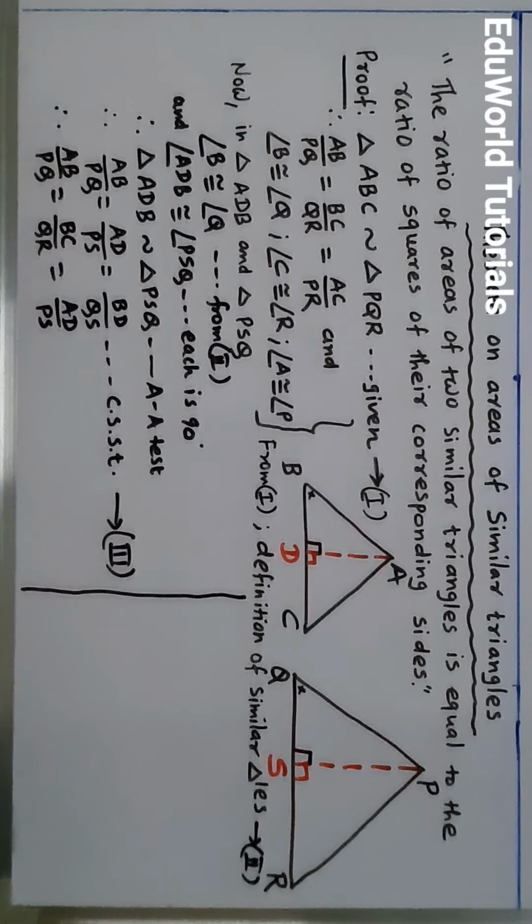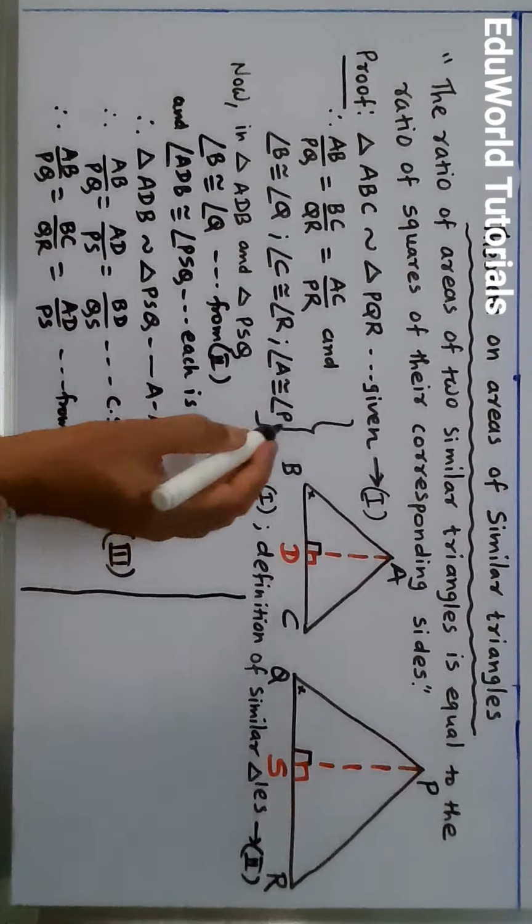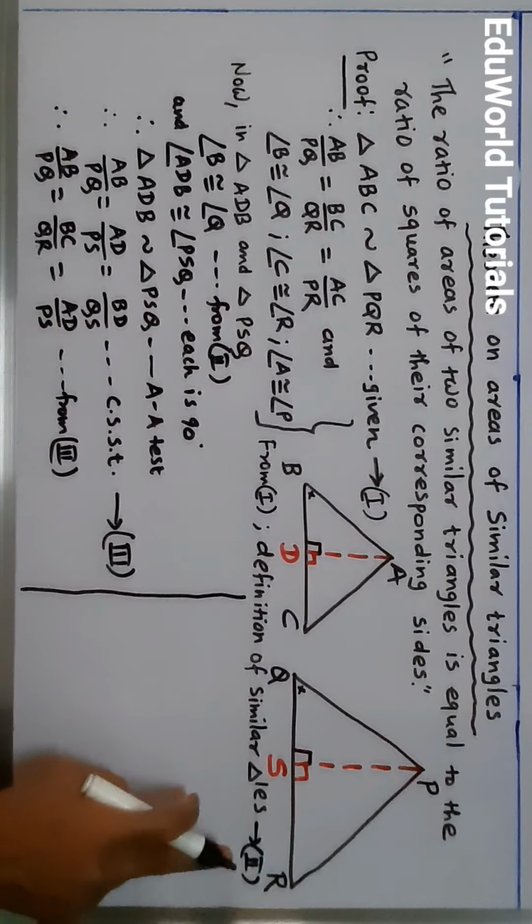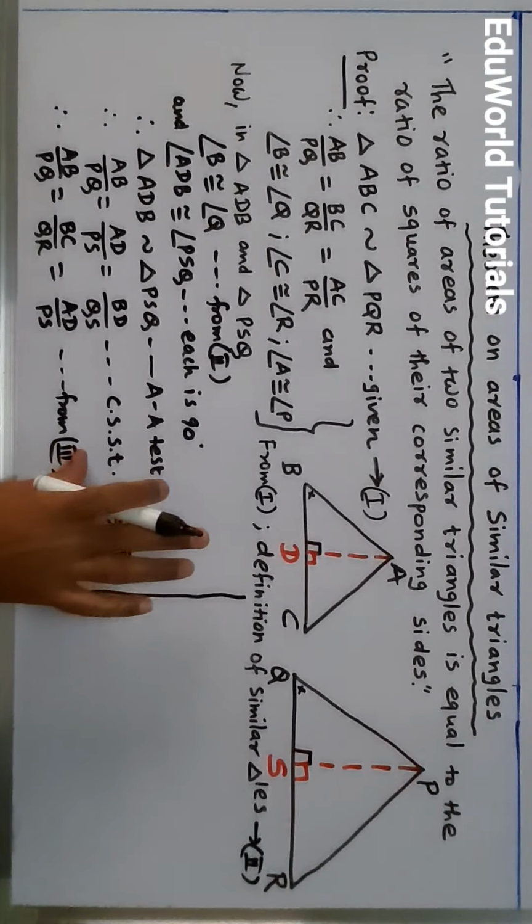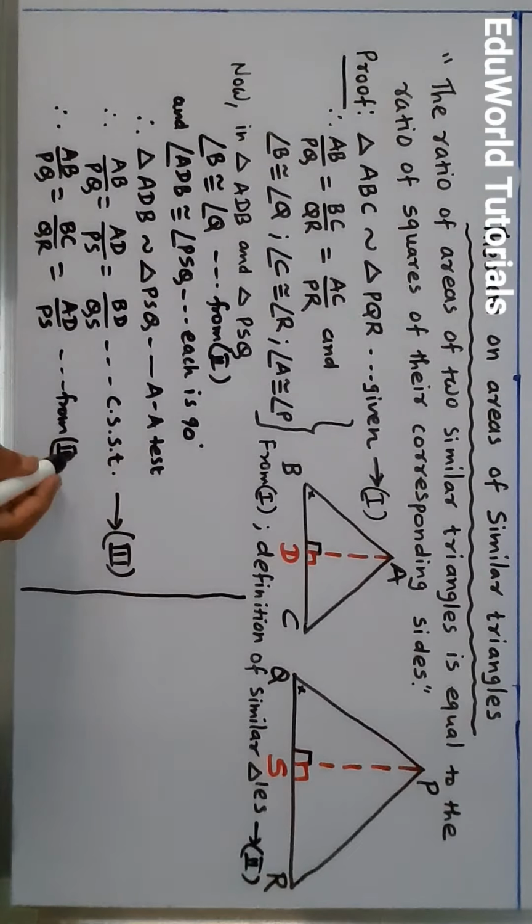This I can say from 3, or you could have even from 3 as well as from 2. So we can write from 2 and 3, we have got these ratios to be equal. Now what next?